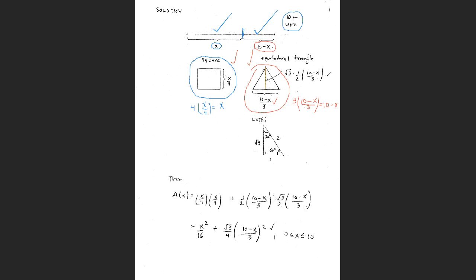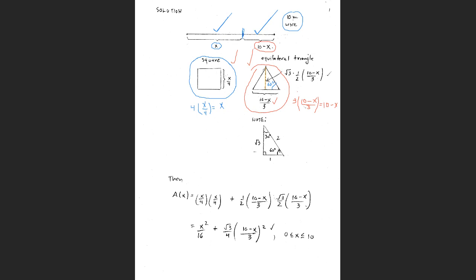We know that in my equilateral triangle, this angle has to be 60 degrees. All the angles have to be 60 degrees.